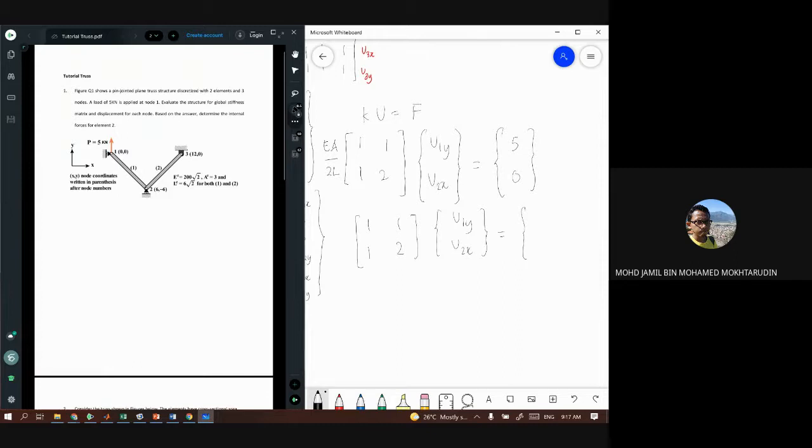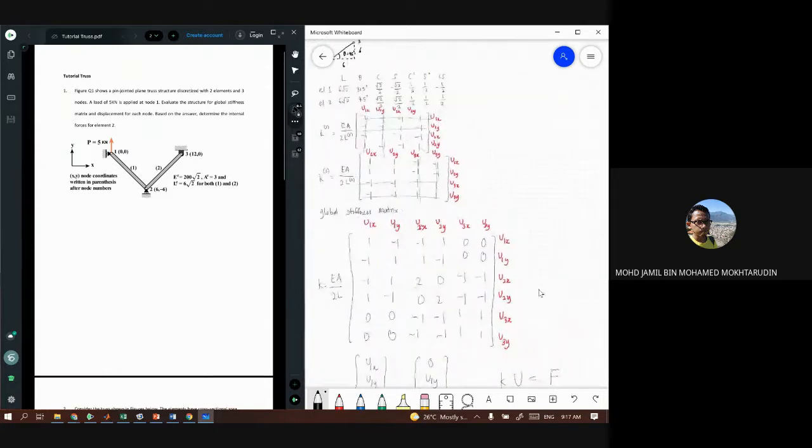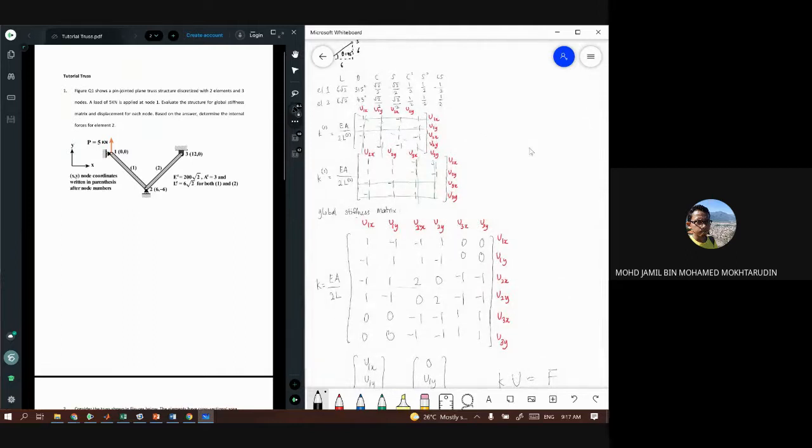So EA over 2L, you just substitute the values given in the table. E is 200 square root 2 times A equals 3, divided by 2 times 6 square root 2. So you get 50.